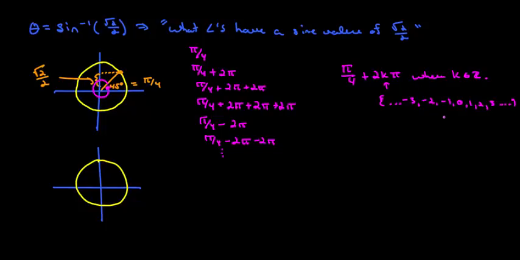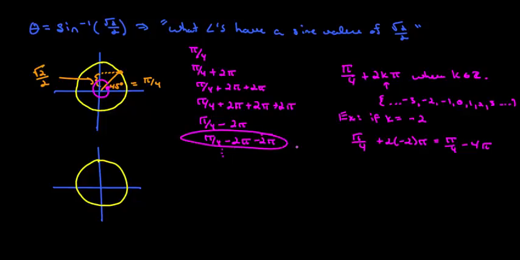So for example, let's give you an example here. If k was, let's say, negative 2, then I would have pi over 4 plus 2 times negative 2 times pi, which is pi over 4 minus 4 pi. What is that guy? Well, that guy is right here.